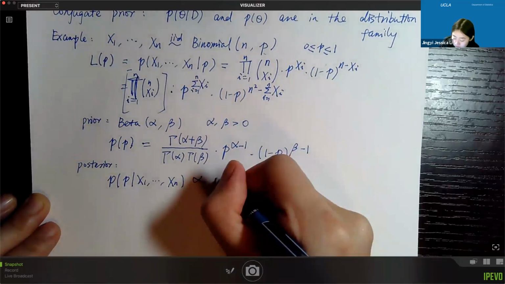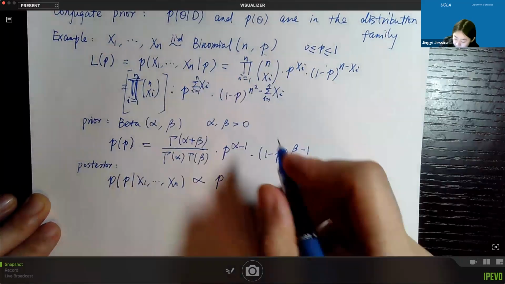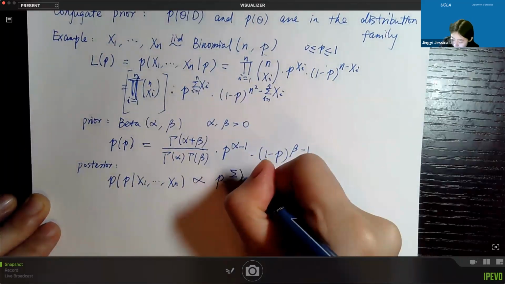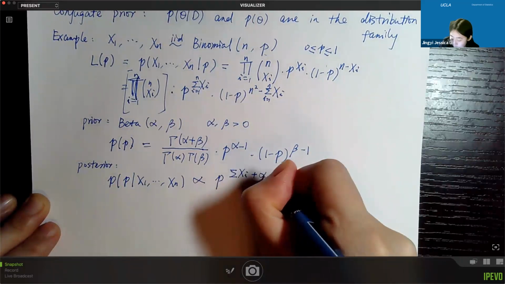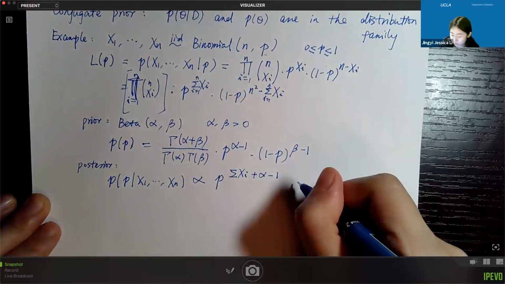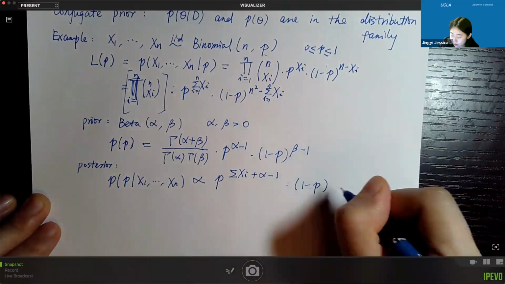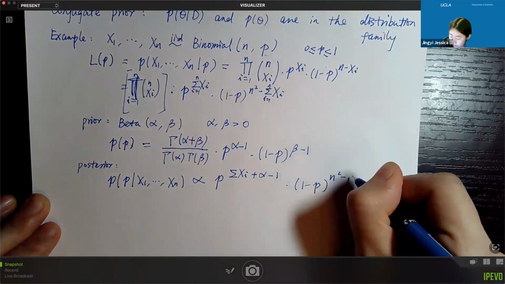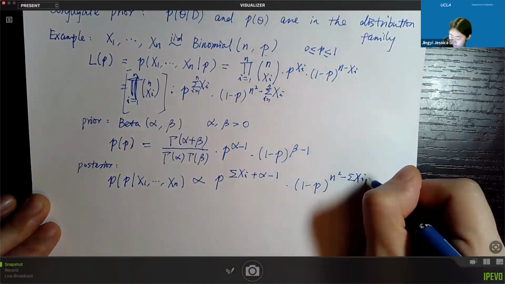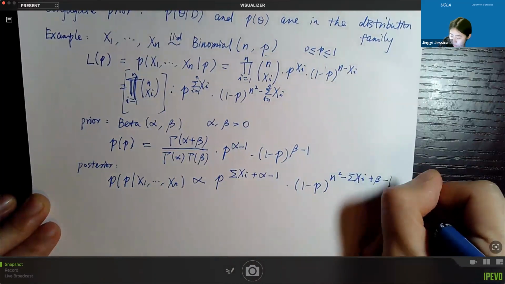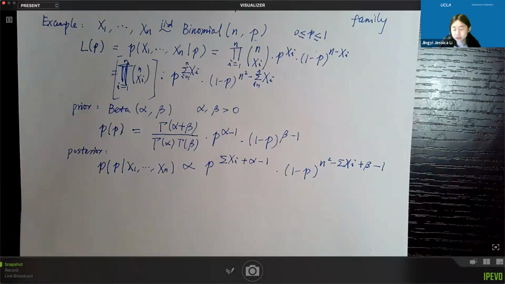Then clearly you see I would have p to the power summation xi plus alpha minus 1 times 1 minus p to the power n squared minus summation xi plus beta minus 1, right?